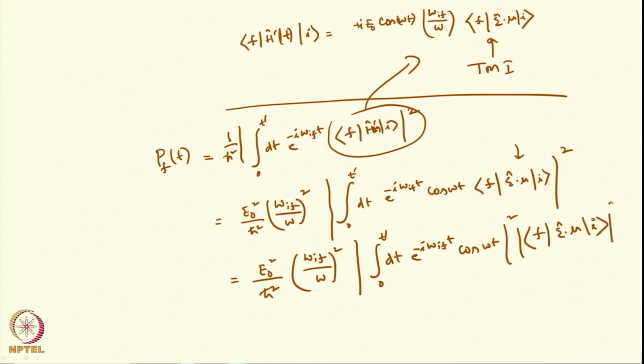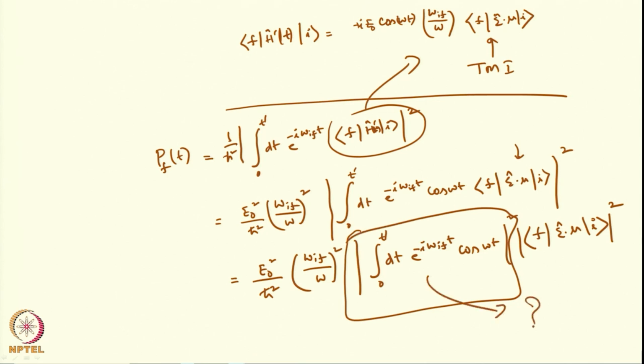So we will know how to evaluate this integral if you know the epsilon dot mu operator and if you know the states f and i. And these are just the prefactors. So now it comes to evaluating this integral. We don't know that. Now let us look at that integral.